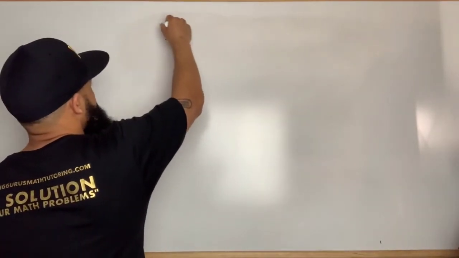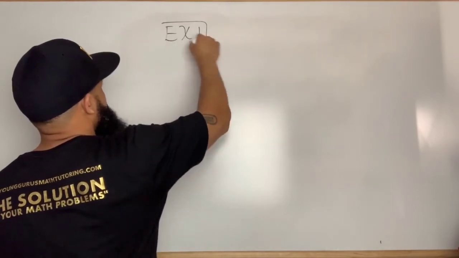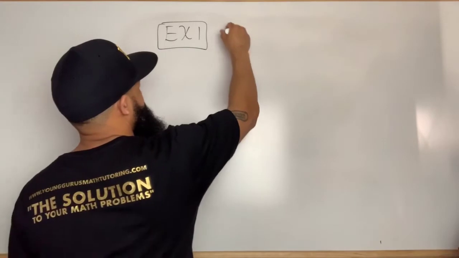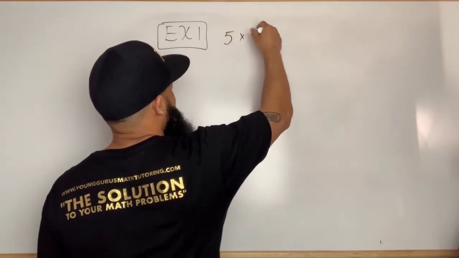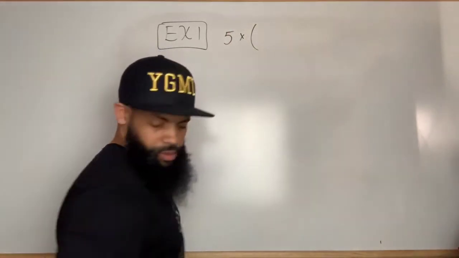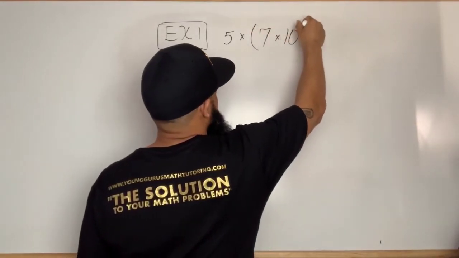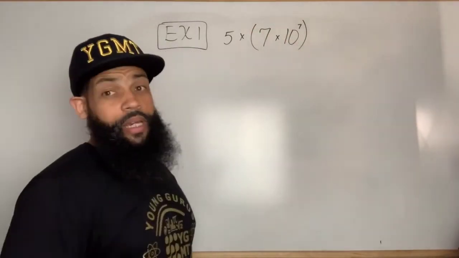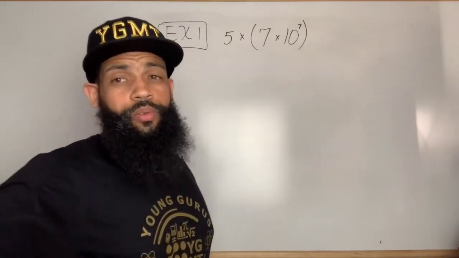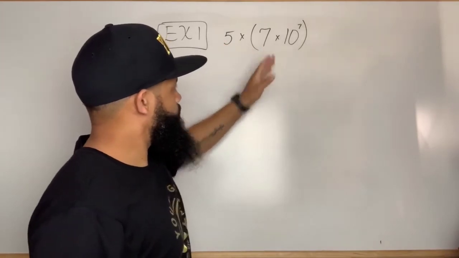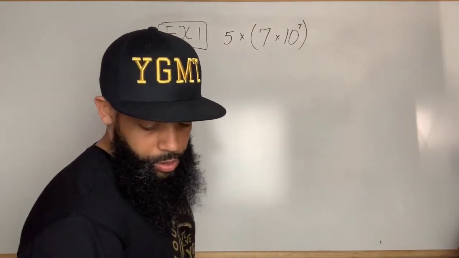Example 1. Let's see what I got. We're going to go real simple: 5 times 7 times 10 to the 7th power. All we actually need to do is take the two numbers that are leading off.